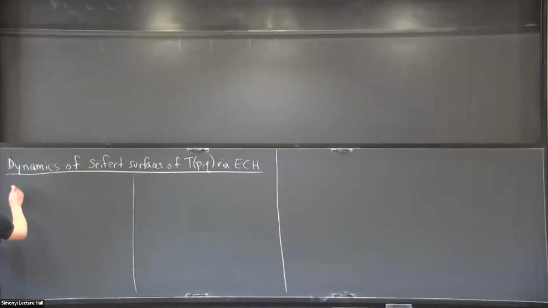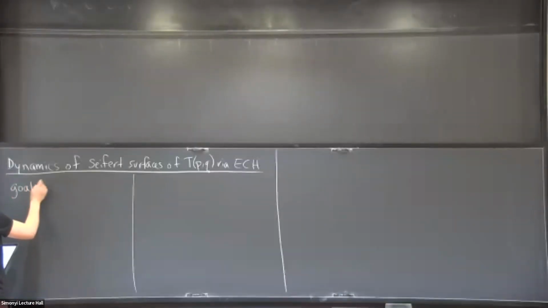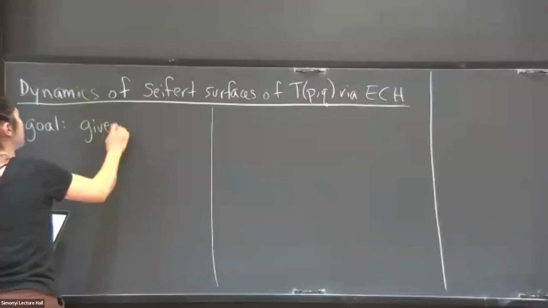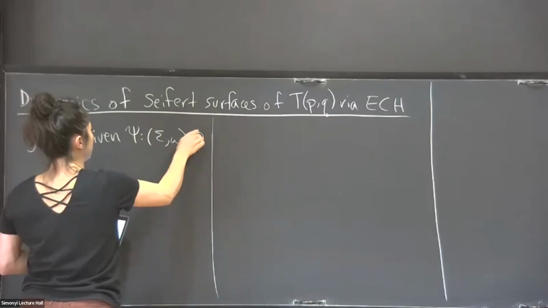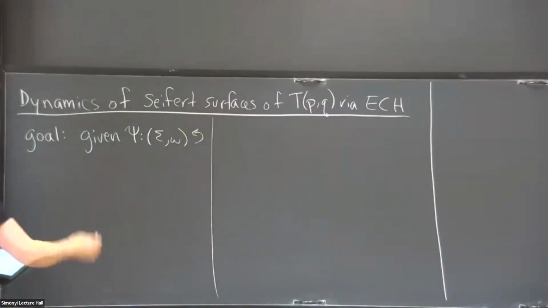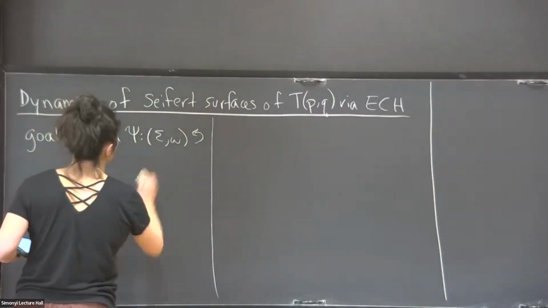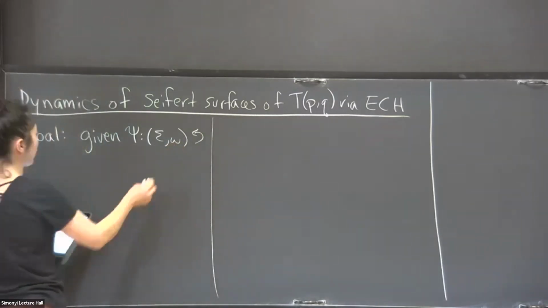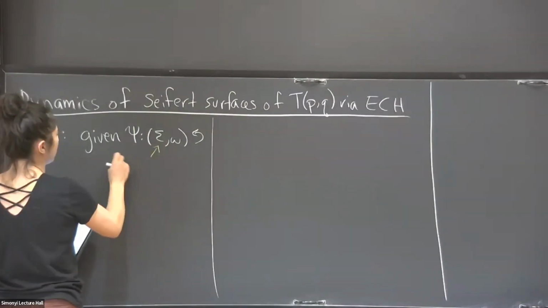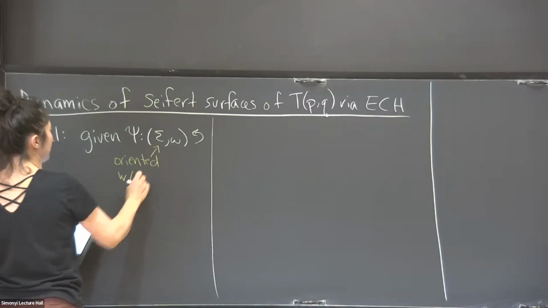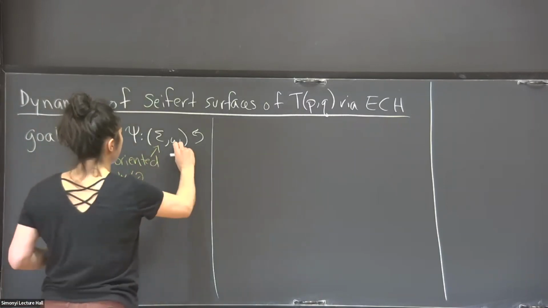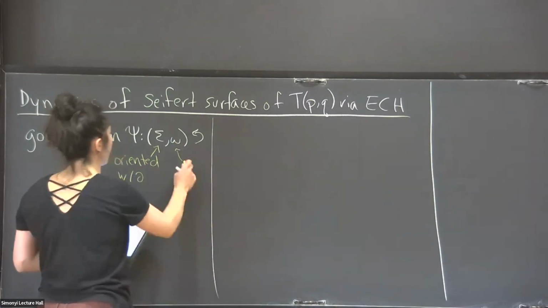Okay, so the goal. Given a surface symplectomorphism, so this is an oriented surface, has a symplectic form, and it has boundary, and then the symplectic form is exact.